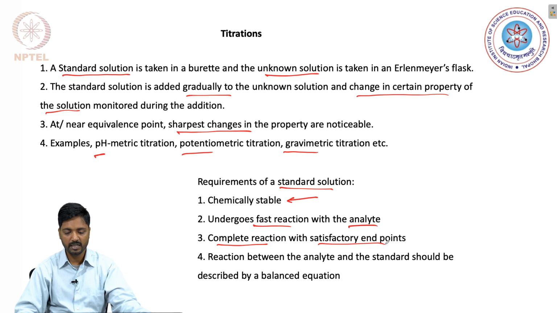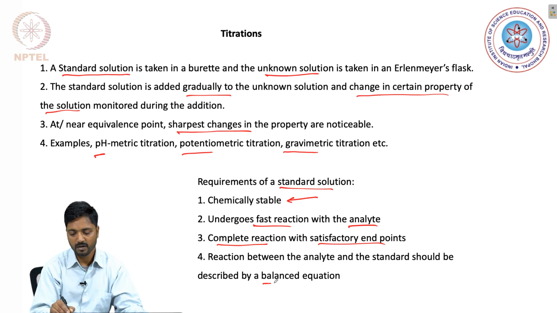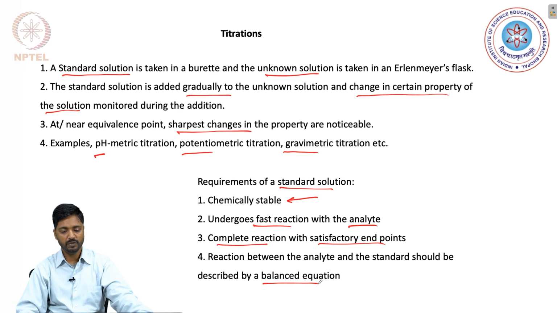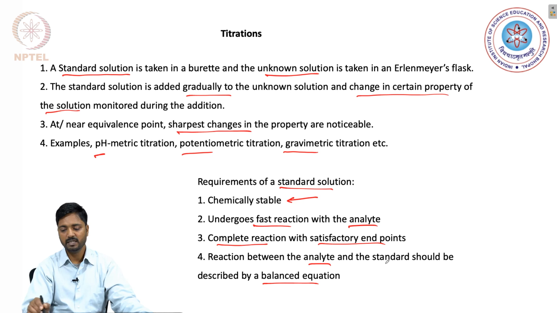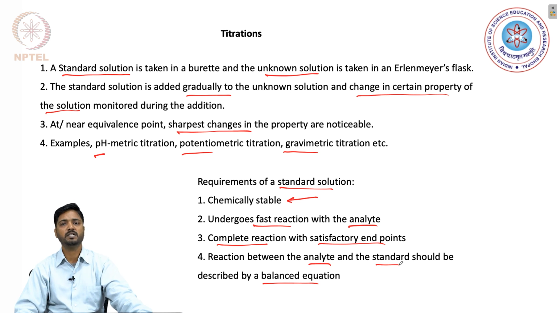And finally, we should have a balanced equation through which we can describe the reaction between the analyte and the standard. Again, acid base reactions are the most straightforward examples of reactions where the analyte and the standard undergo stoichiometric reaction, which can be explained by a balanced equation.